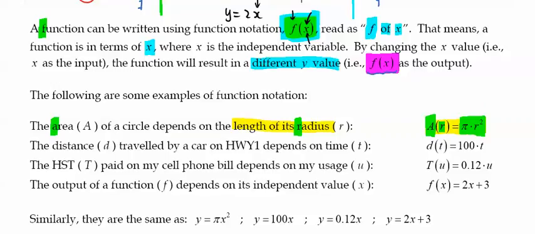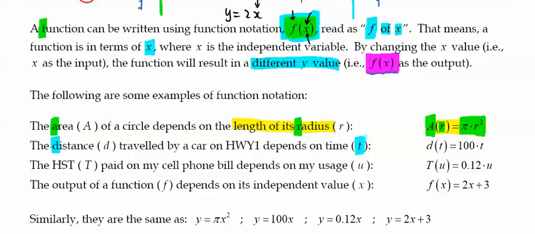Another example could be, let's say, the distance traveled by your car when you drive on highway number 1 for a certain period of time. Distance depends on time in this case, and we can create a function called d that is in terms of the time traveled by the car.